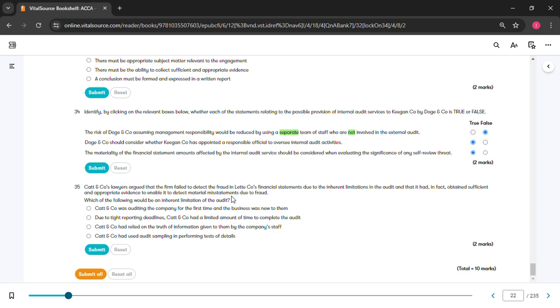Read. Cat was auditing the company for the first time and the business was new to them. Can we give an explanation like this?